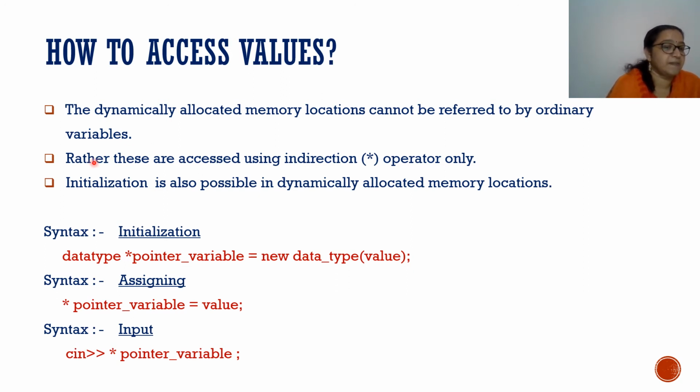See the point. Rather, these are accessed using the indirection operator only. By using this operator only, we can access the values of that cell. There is no name for that cell. So how can we access? Through the pointer only, and that also with the star operator, the asterisk operator. Its name is the indirection operator.